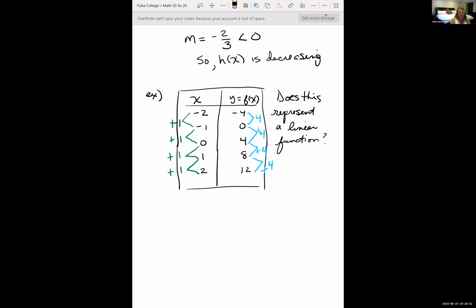So the change in y is over the change of x. So m. Our change in y each time was 4, all over our change in x each time was 1.